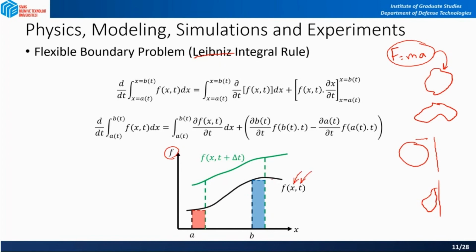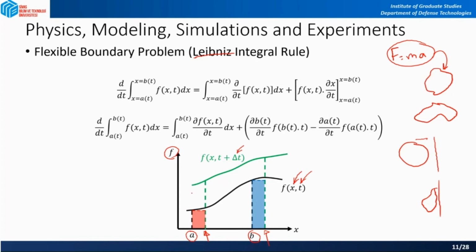So at some point, the boundaries of f are at point A and point B. Okay, and after a while, you see that the distribution of f has changed. So its boundaries also changed, and the boundary at A moved to this point, and the boundary at B moved to this point, at some time t plus delta t.